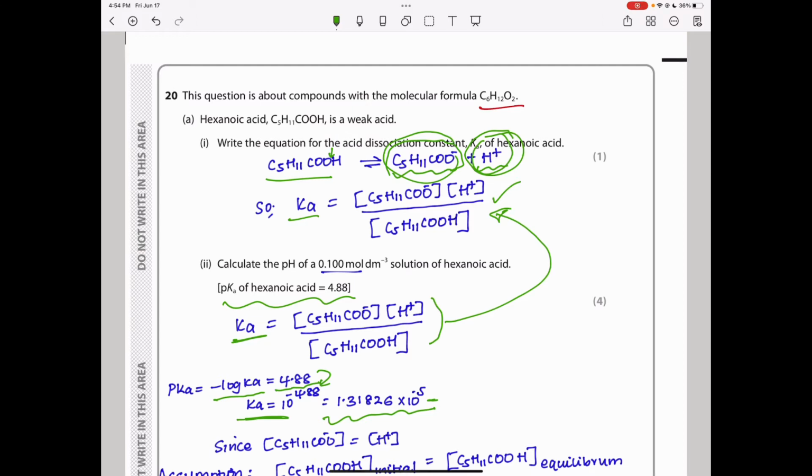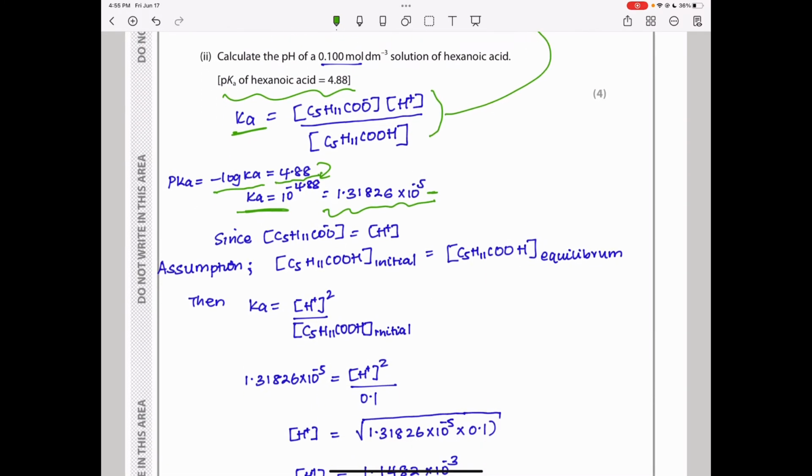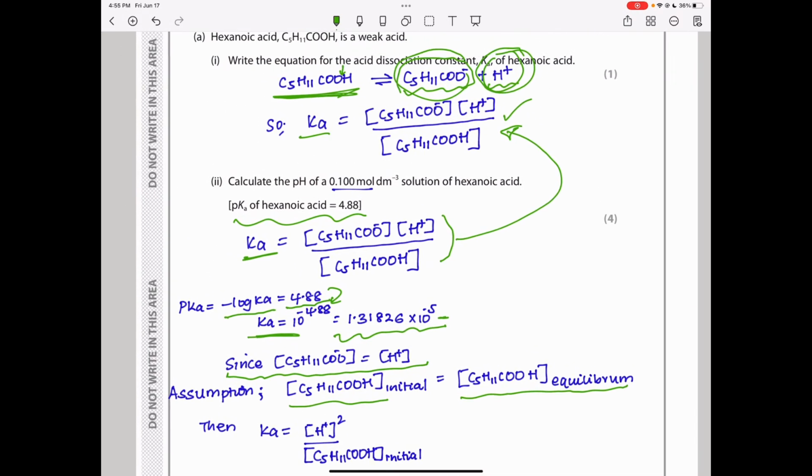as this are coming from here, it means their concentrations are going to be identical because they're coming from the same thing. So I say, since this concentration here is identical, and the assumption I made is we will say the initial concentration of the acid and the concentration of the acid at equilibrium is almost equal because there was very low dissociation. I'm going to take you back again to the equation.